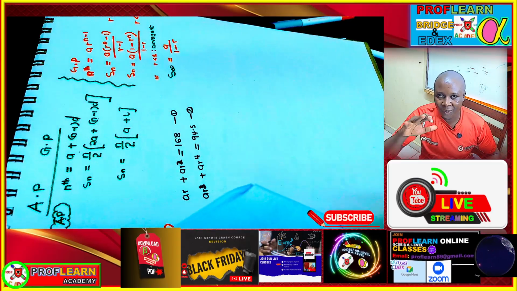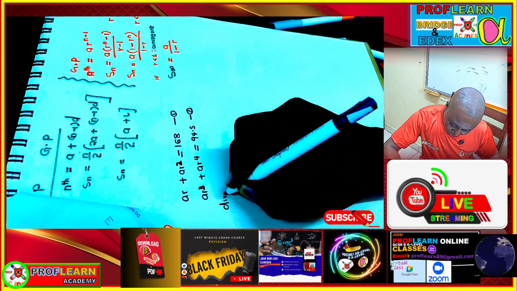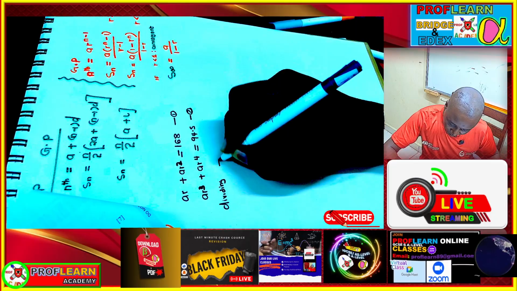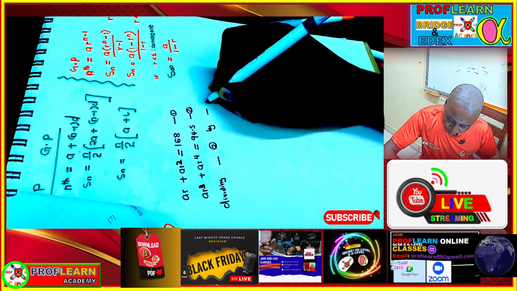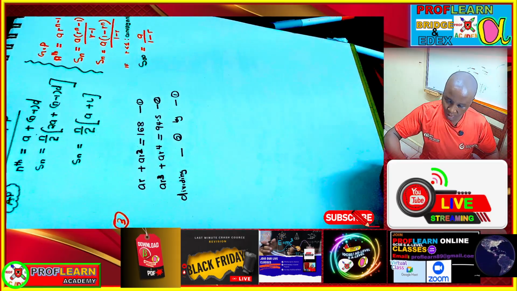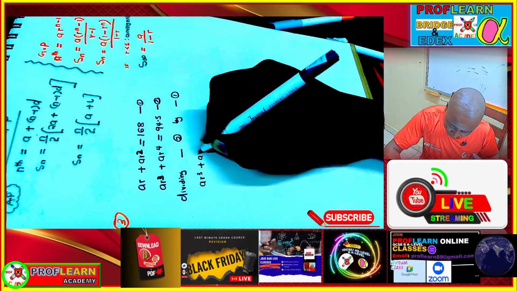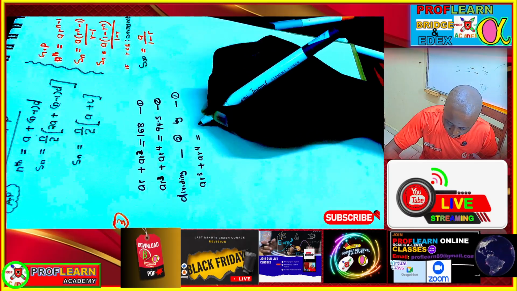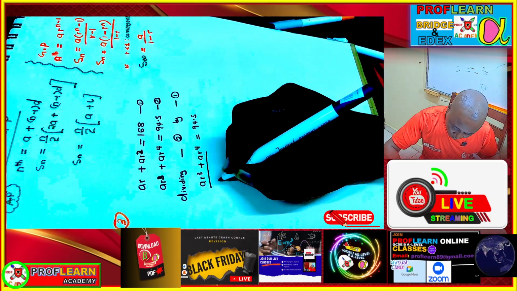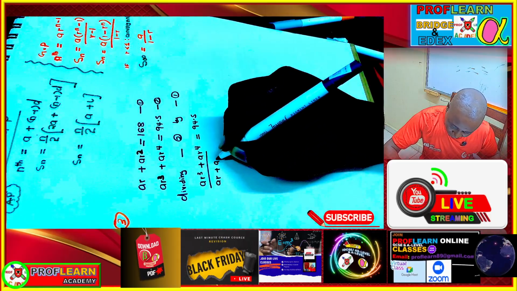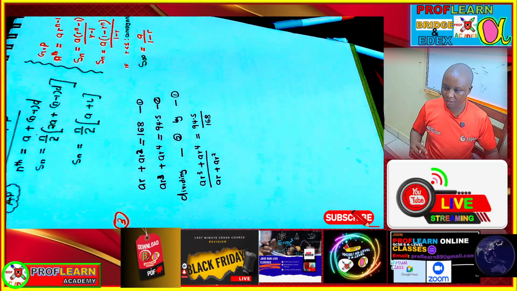Now, to solve this, we are going to divide equation 2 by equation 1. What are we going to have? We are going to have AR cubed plus AR power 4 is equal to 94.5 over AR plus AR squared over 168.